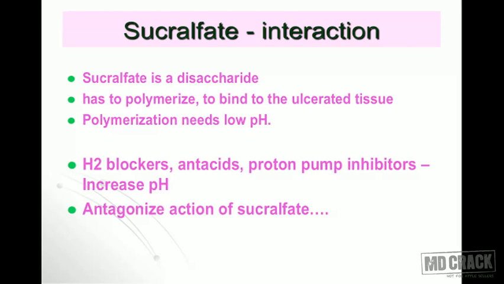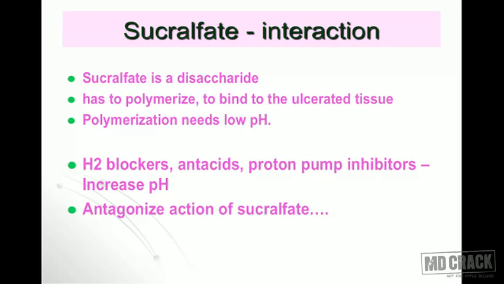Now what happens is, in a patient with peptic ulcer, we are enthusiastic to decrease the gastric acid secretion. And if we want to decrease the gastric acid secretion, the gastric pH is going to change. The pH is going to increase. Which are these drugs? One, H2 blockers. They will increase the pH.